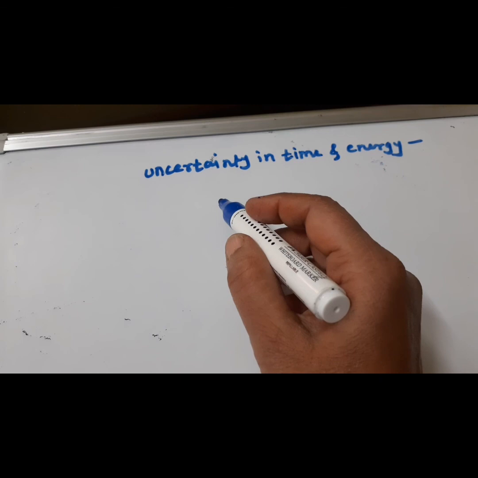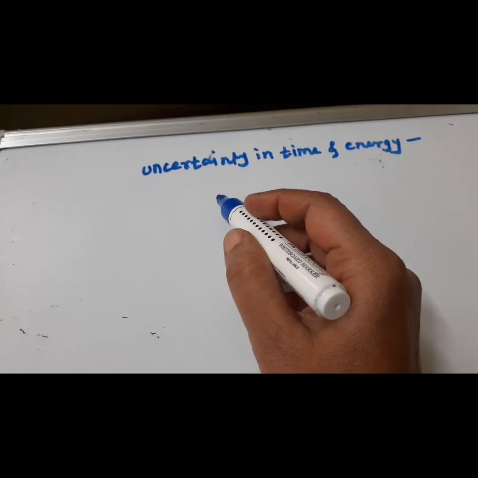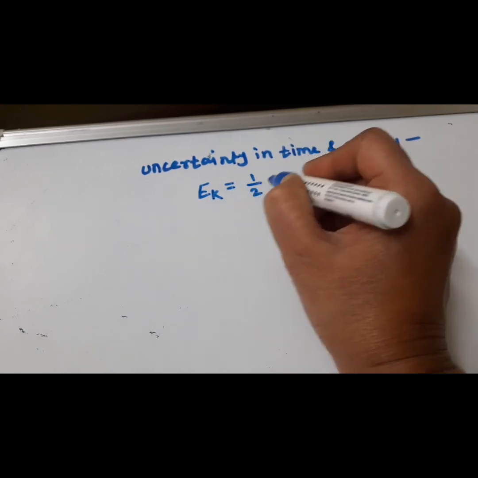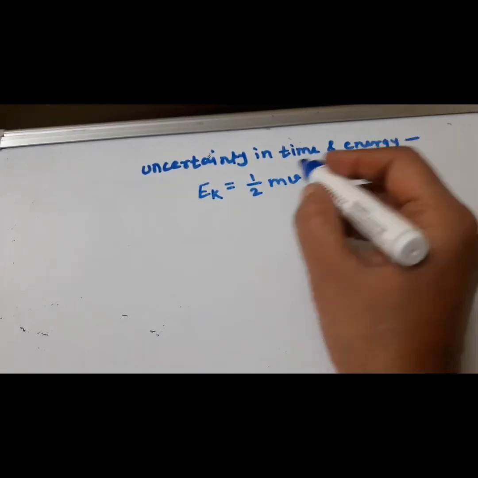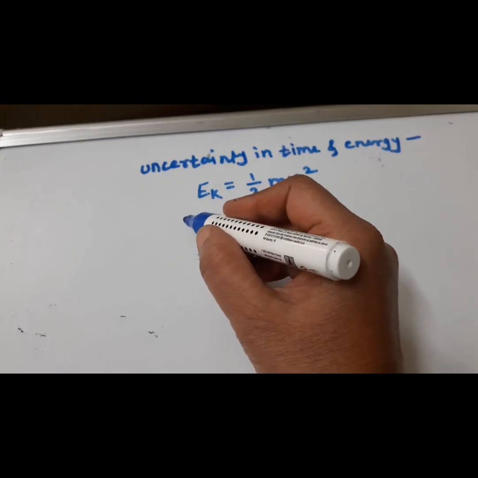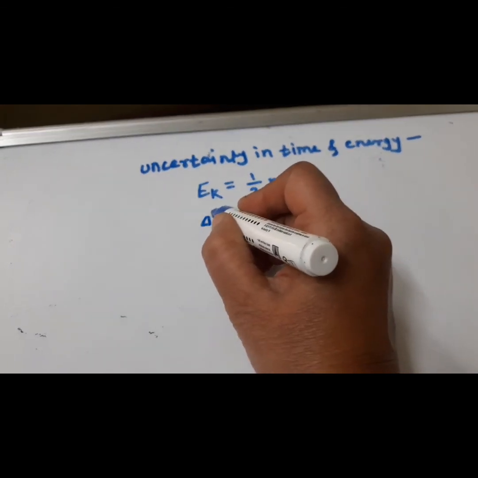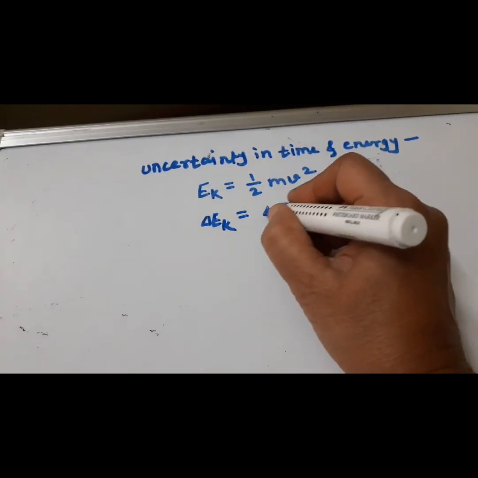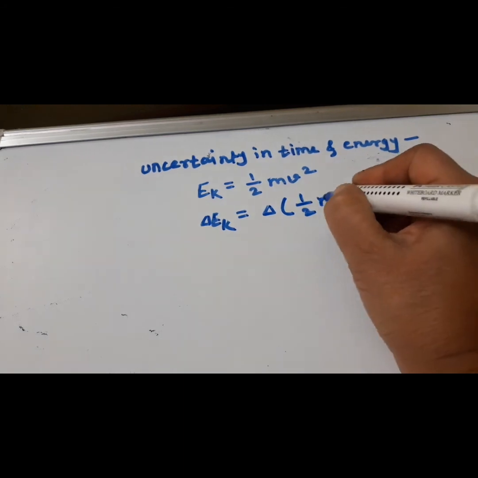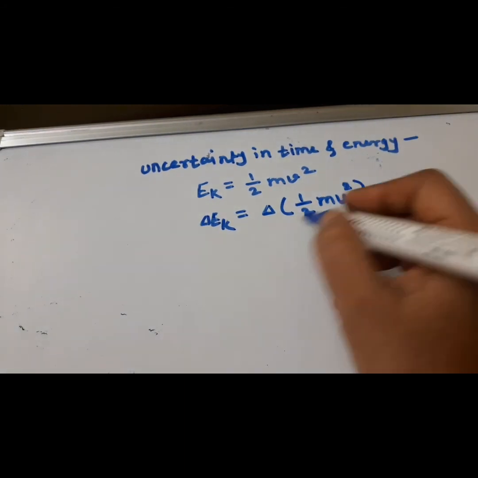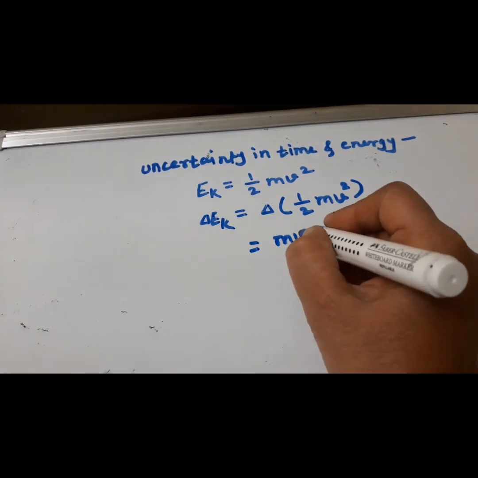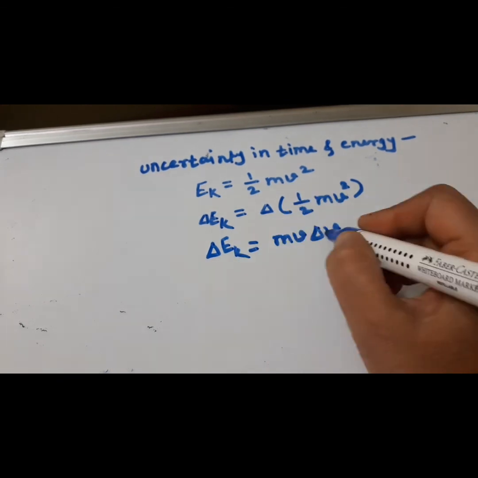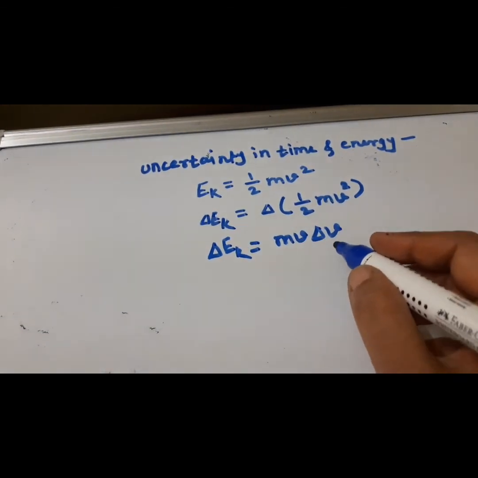Already we know that whenever the particle is in motion, it has a kinetic energy, and this kinetic energy can be written Ek is equal to 1/2 mv square. Taking the mass of the electron as constant, then delta Ek is equal to delta of 1/2 mv square, that is equal to mv delta v.